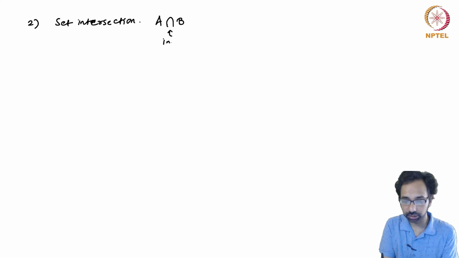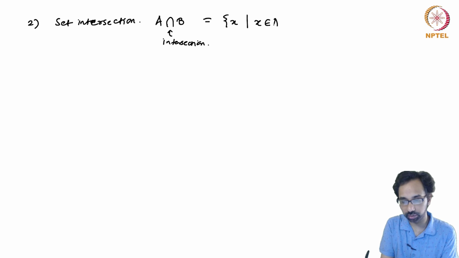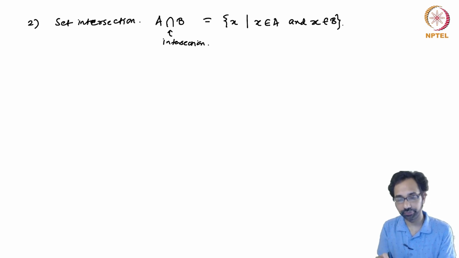This is intersection, and this is the set of all elements x such that x belongs to A and x belongs to B. So this is how we write it.